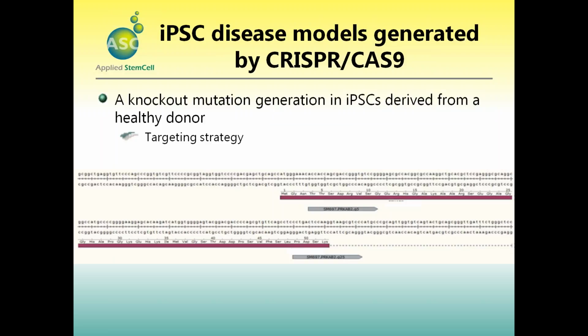In the following couple slides, I will walk you through 2 examples where we use CRISPR to make a knockout and a point mutation in iPS cells. Here is a case of gene knockout in normal iPS cells to mimic patient-derived iPS cells carrying a pathologic disease mutation.